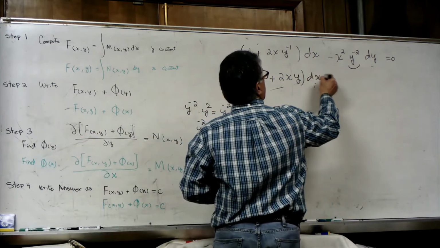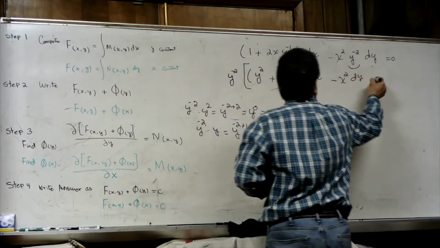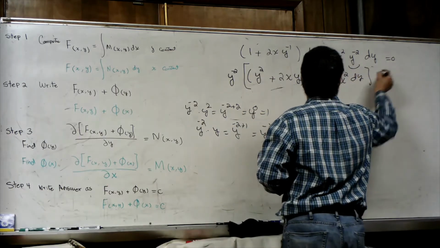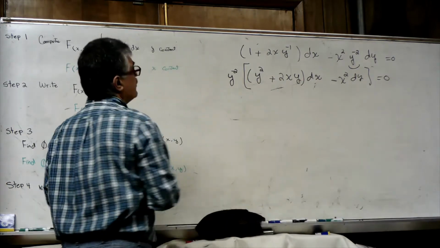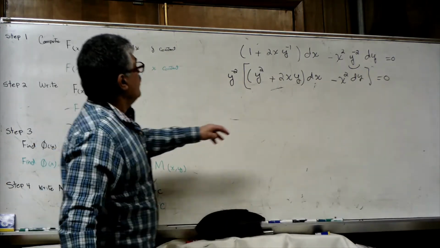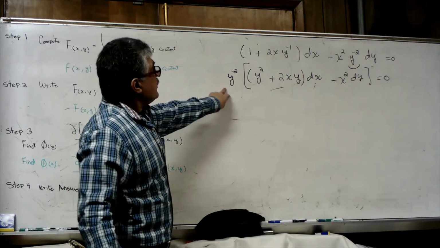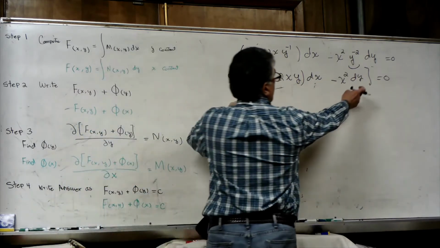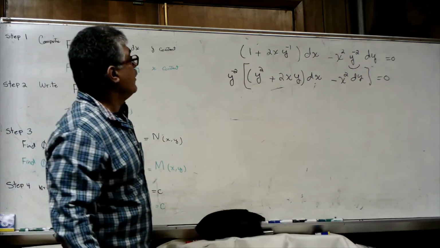The x minus x squared dy equal to 0. So now in this equation, this portion is no longer an exact differential equation.